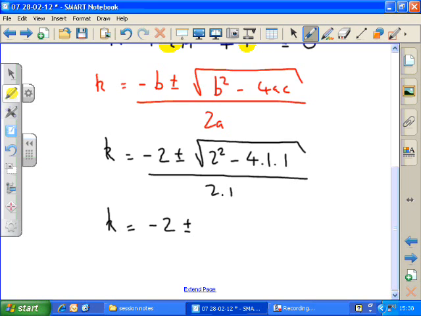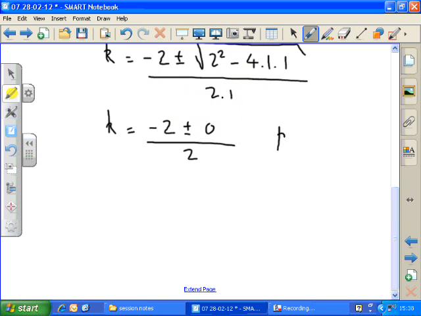Minus 2 plus or minus, if we look at the square root now, we've got 4 minus 4 is nothing, and that's what makes it the perfect square, over 2. So the answer is k equals minus 2 plus or minus 0, so that's minus 2 over 2 is minus 1, and we've got only one solution, and the solution is k equals minus 1.